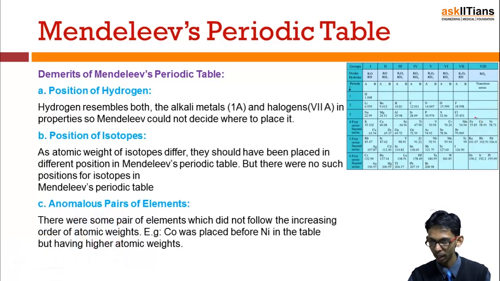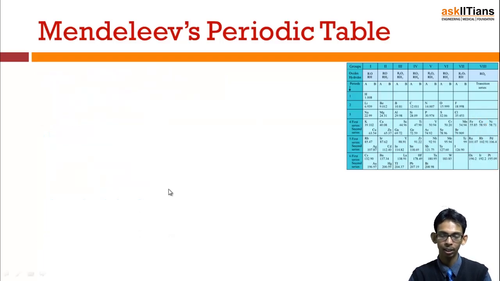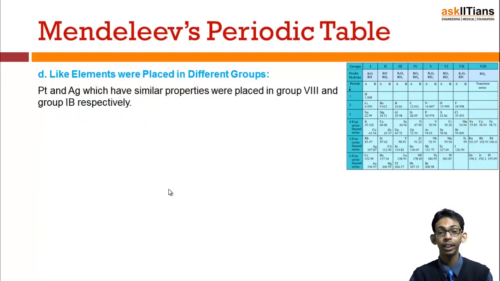Just see, cobalt having atomic mass 58.93 is placed before nickel, which has 58.71 mass. So some of the elements did not follow the increasing order of atomic mass, and he just placed them in random order in order to justify their properties, and those were known as anomalous elements.